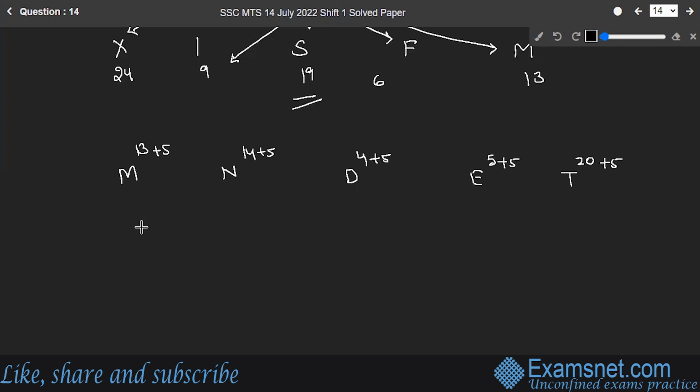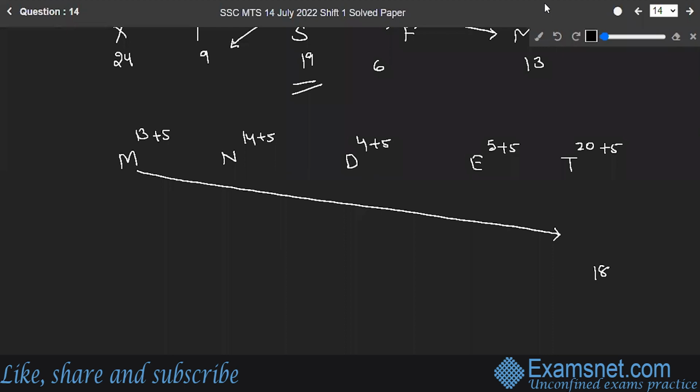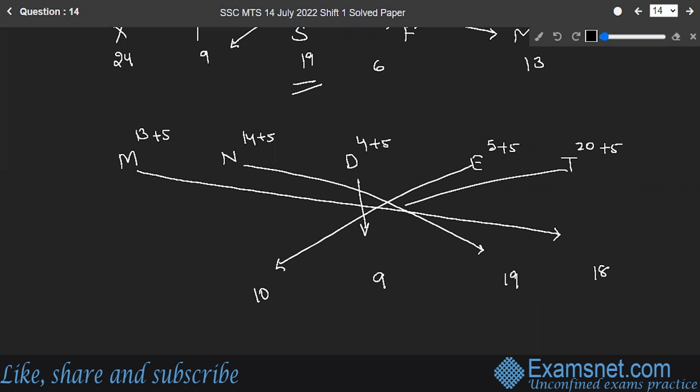After going with the cross manner, you will have 18 here, and 14 plus 5 gives you 19. This gives you 9. This gives you 10 and it gives you 25.